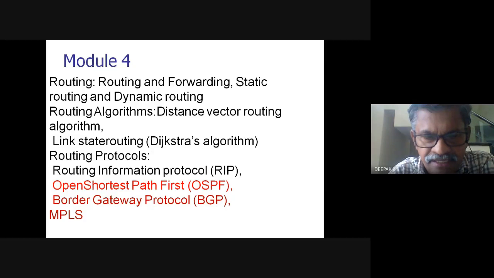Before that, we had seen distance vector routing, and routing information protocol is a distance vector routing algorithm. So we need to see the link state routing algorithm, open shortest path first. So we'll see OSPF.